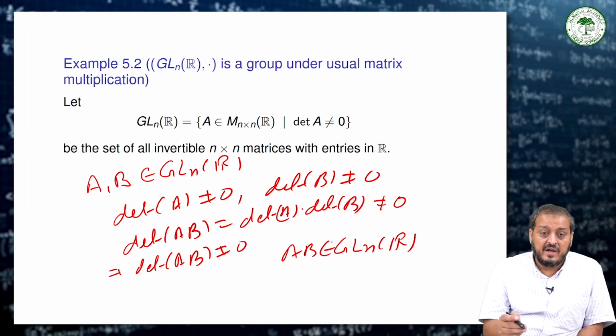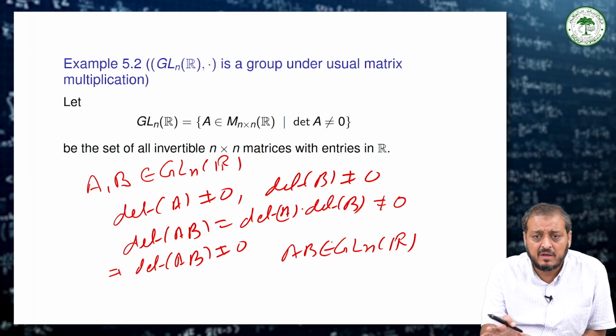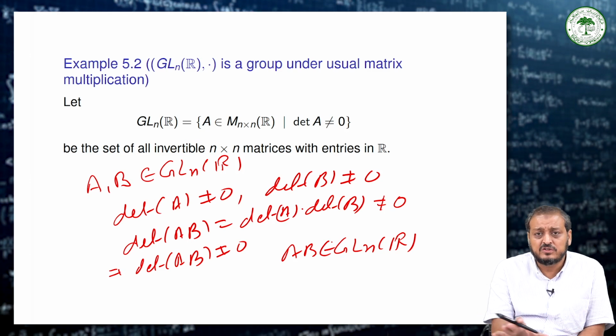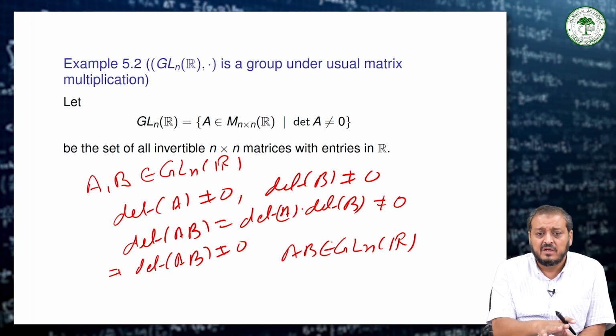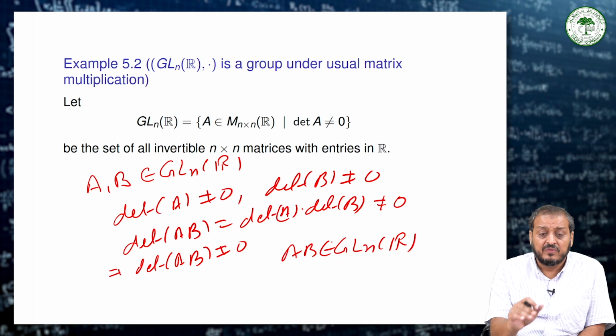Next, because matrix multiplication is associative, we have no need to verify that again.